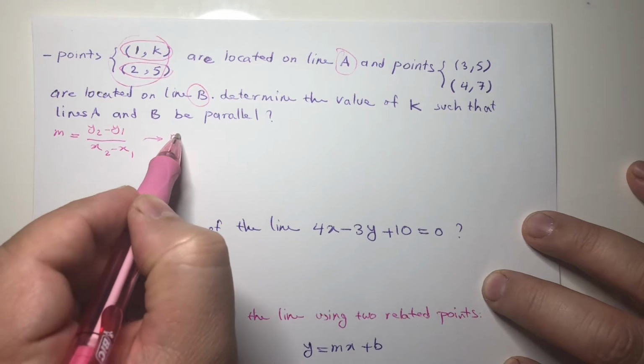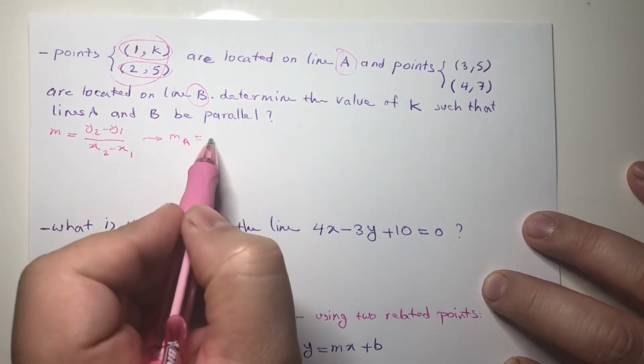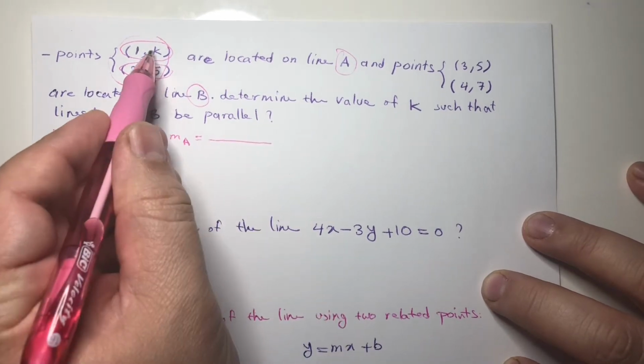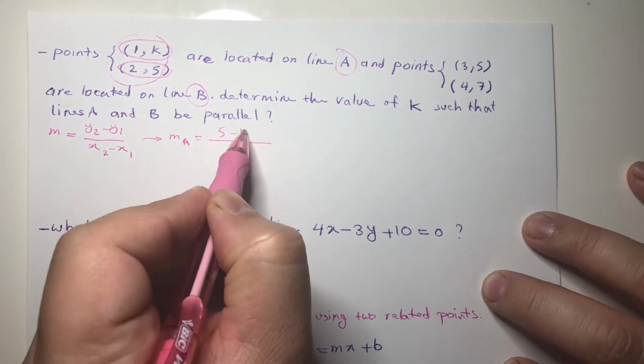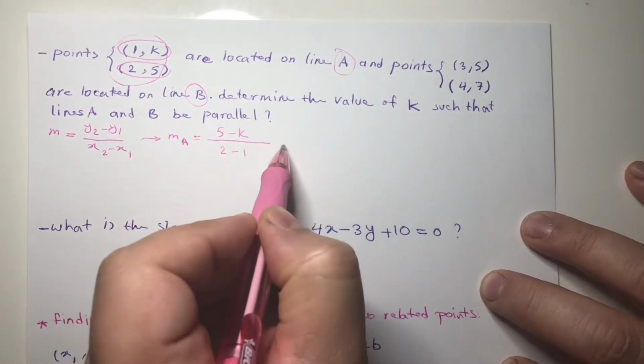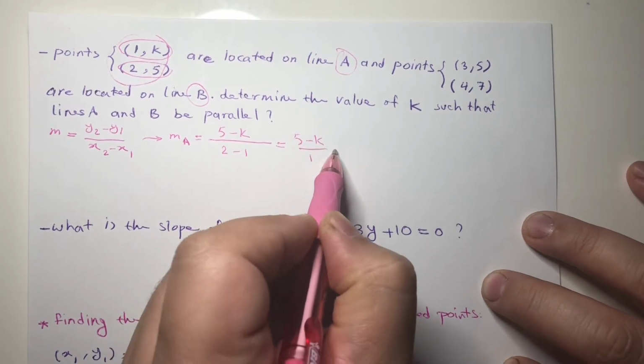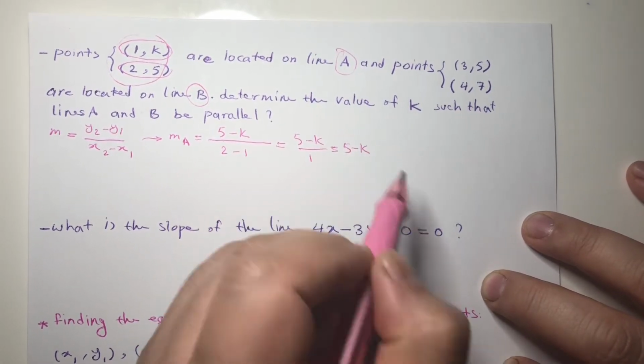From this, mA, the slope of line A, is y2 minus y1, 5 minus k, over x2 minus x1, 2 minus 1. This is 5 minus k over 1, or 5 minus k.